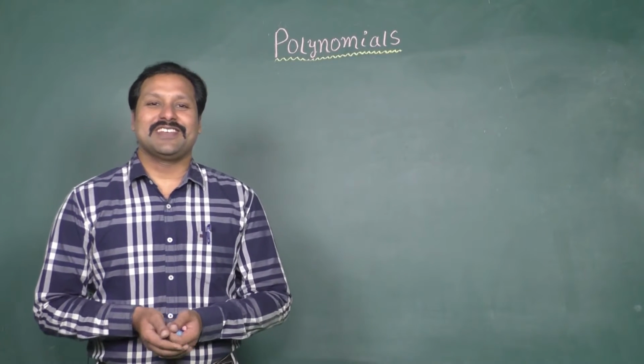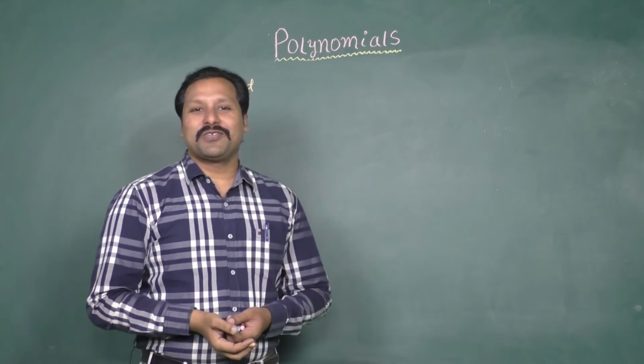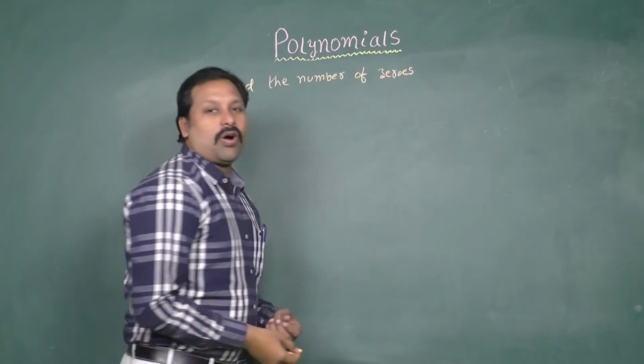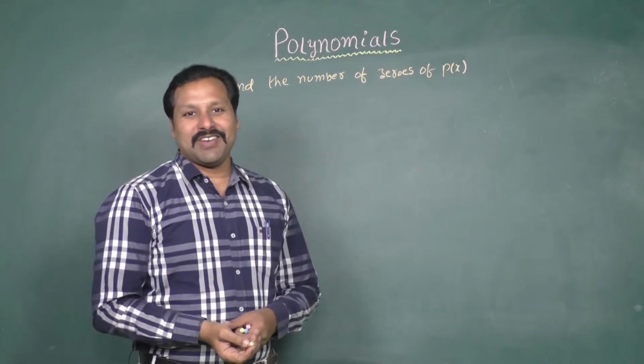The question is, find the number of zeros of p of x for the given graphs.